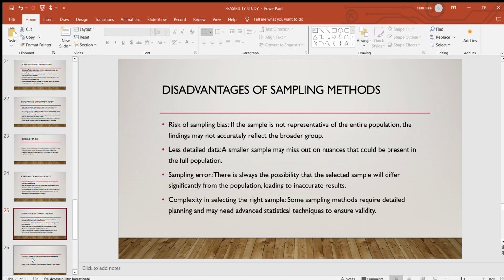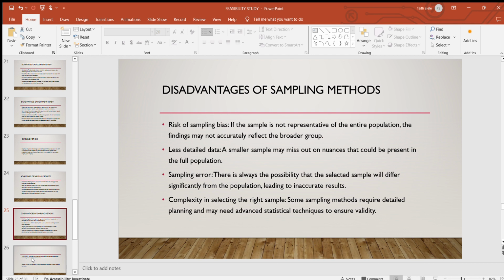Thirdly, it brings about error, whereby there is always the possibility that the selected sample will differ significantly from the population, and this may lead to having inaccurate results. Lastly, there is complexity in selecting the right sample.